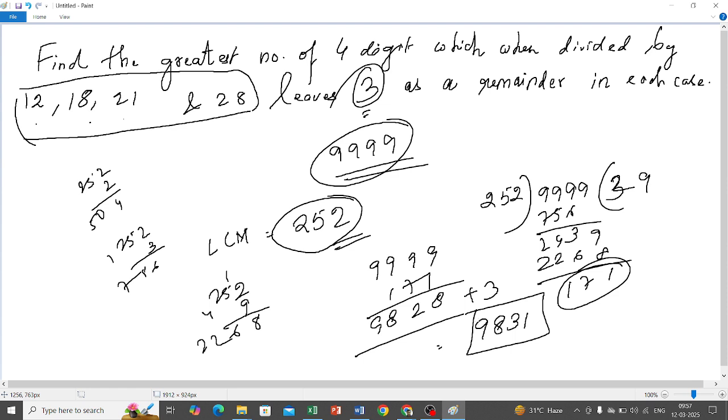Now we will do one sum. Very nice sum. Try out this sum. Try it out for 2 minutes and then I am solving it.